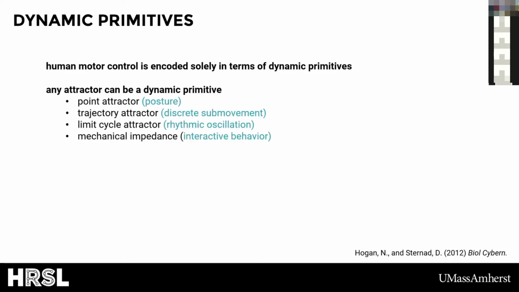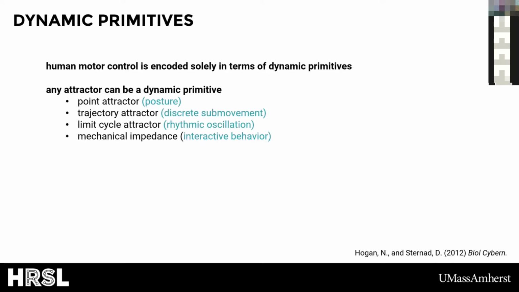So a possible workaround for how humans get around their inferior hardware and yet still manage to excel at physical interaction is that human motor control is encoded solely in terms of dynamic primitives. This is proposed by Neville Hogan and Dagmar Sternad, the idea that any attractor can be considered a dynamic primitive.